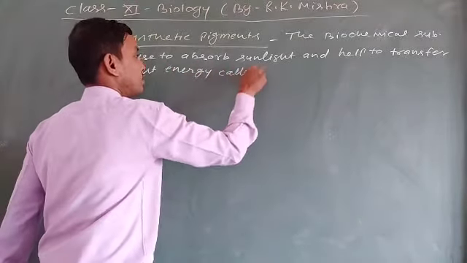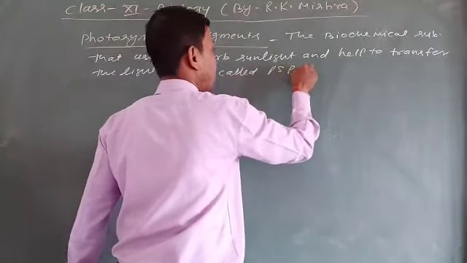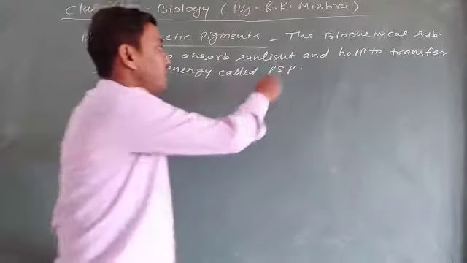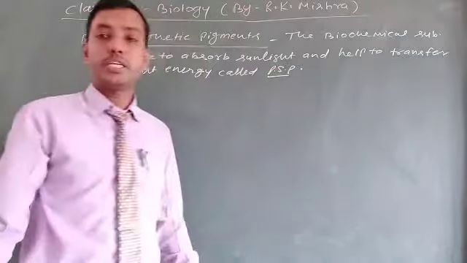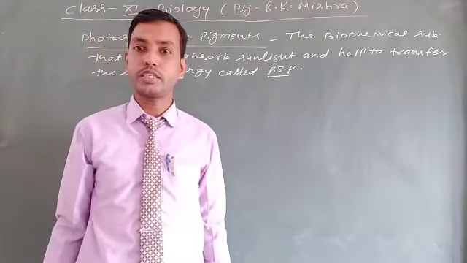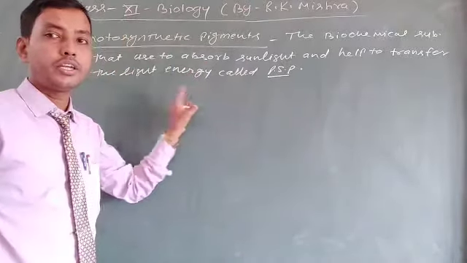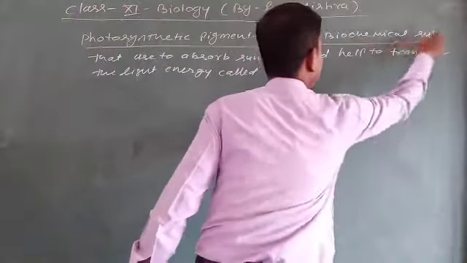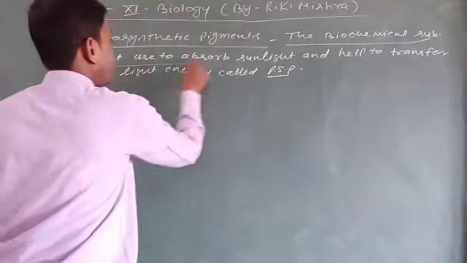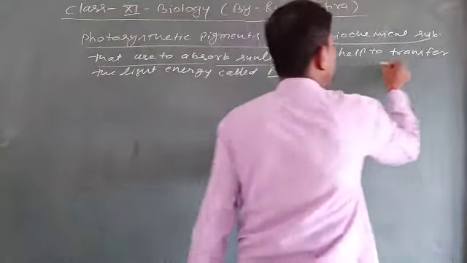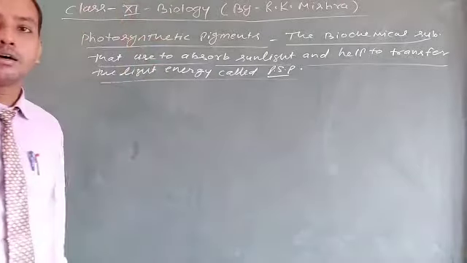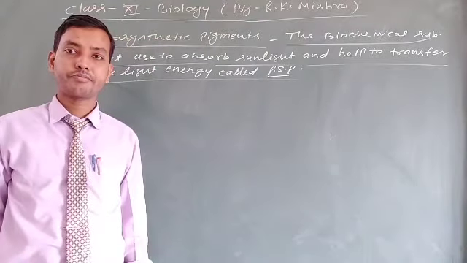PSP, you don't have to write PSP. In place of PSP, you must write photosynthetic pigments. So this is the definition of photosynthetic pigments: the biochemical substances that are used to absorb sunlight and help to transfer the light energy are called photosynthetic pigments.